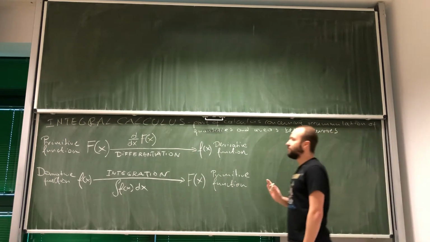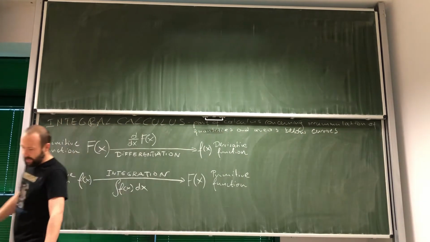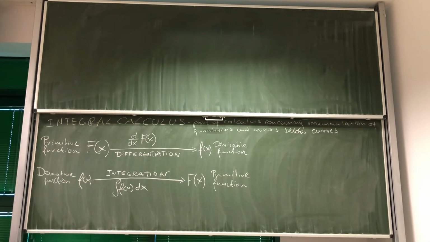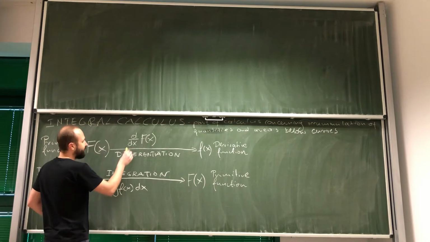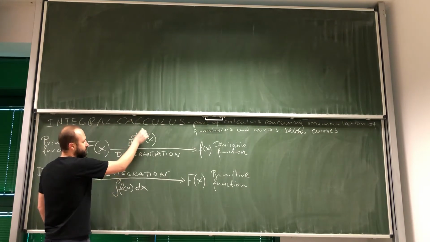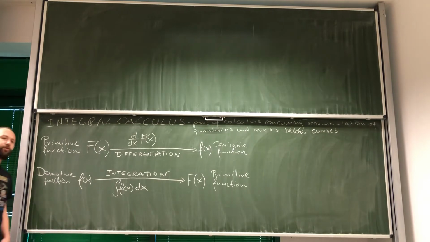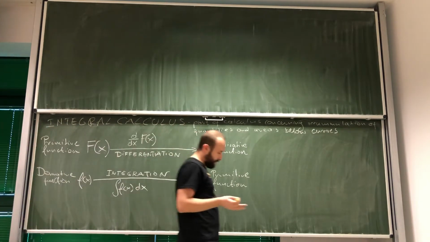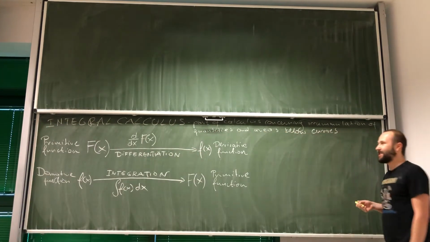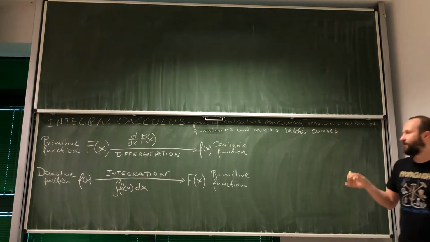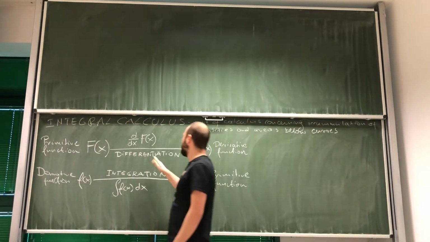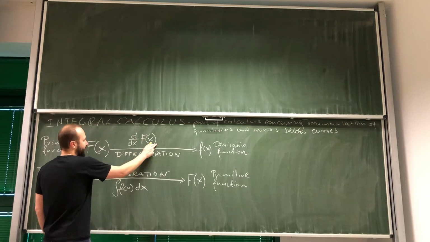But before we move on, let me just bring your attention to one thing. Look, here we have a symbol of differentiation. And I told you that we can think of a derivative as a ratio of two differentials, right? And this is what we have here, df of x over dx.